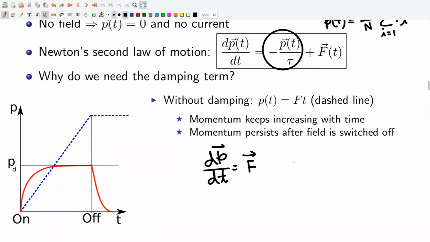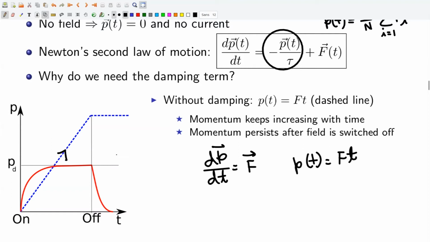And the solution is P(t) equals force times time. So in this case, what happens? The momentum keeps increasing along this dashed line.